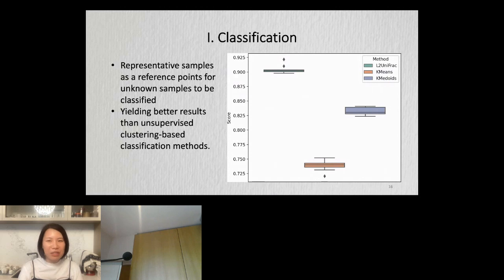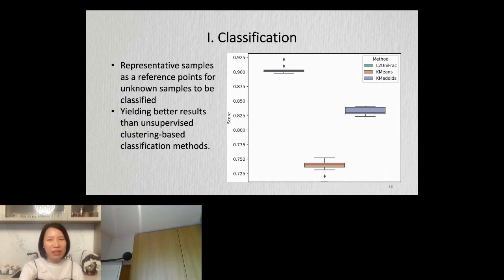For the remaining 20% of the samples, we computed the L2 UniFrac distance to each of the representative samples, and assigned the body site of the one that's closest to the sample. We measured the accuracy of this method, and we can see it's pretty high.